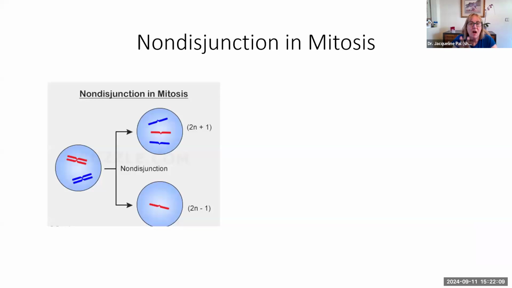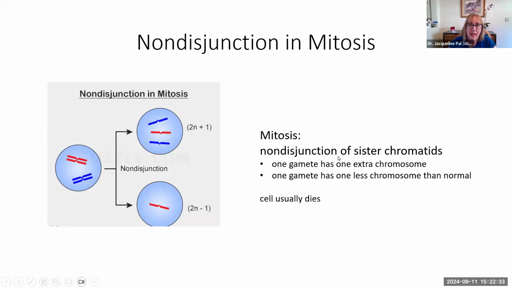Okay, so non-disjunction in mitosis is going to end up with some cells which are going to be 2n+1, as in they have an extra chromosome, and some cells that are 2n-1, meaning they are missing a chromosome. They'll have 45 instead of 46 chromosomes.